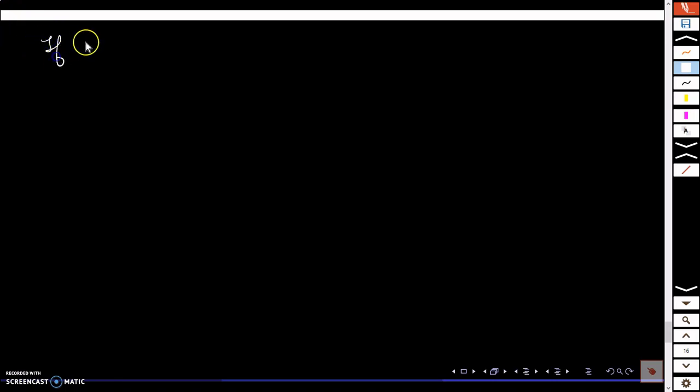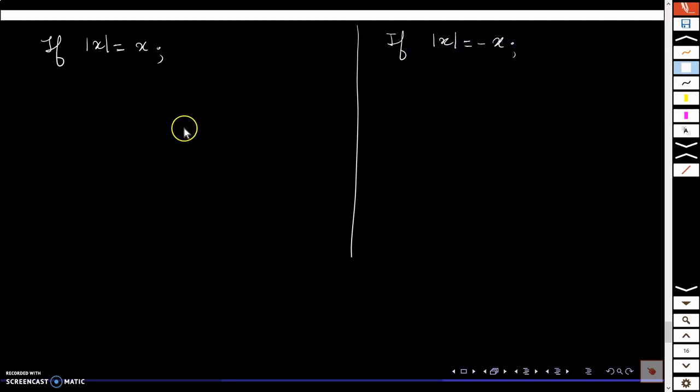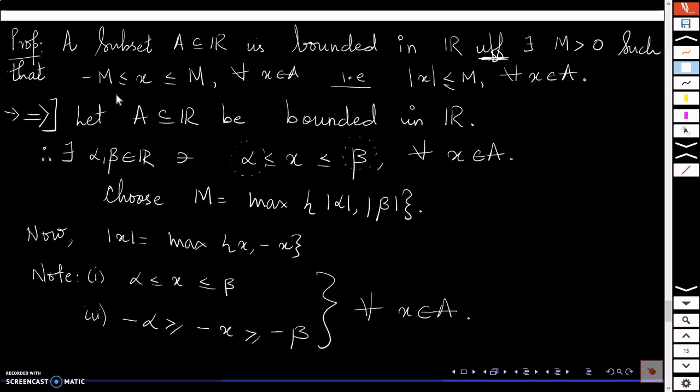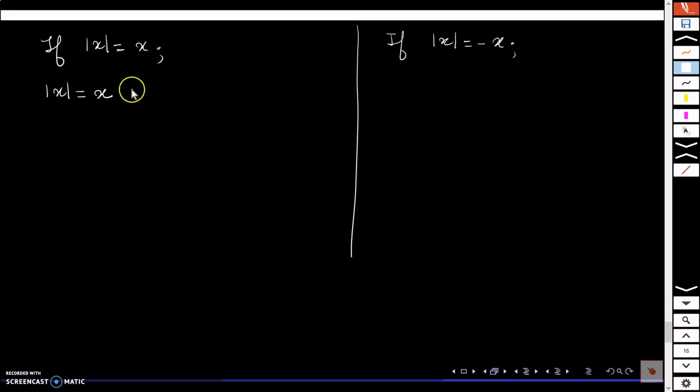If mod x is equal to x, then what is going to happen? And if mod x is equal to minus x, then what is going to happen? So these two cases will do the job for us. Now if mod x is equal to x, then what I know about x from the previous slide is that x is less than or equal to beta.